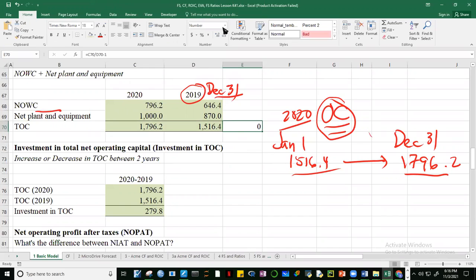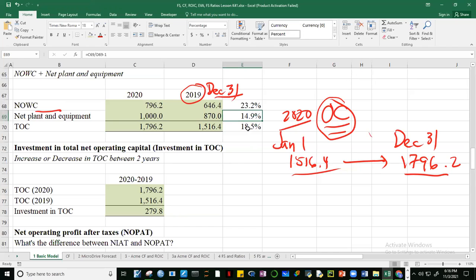Let's convert this into percentage. So total operating capital increased by 18.5%. That's a big jump, and contributed by working capital, which increased by 23%, and net plant and equipment, which increased by 14.9%.